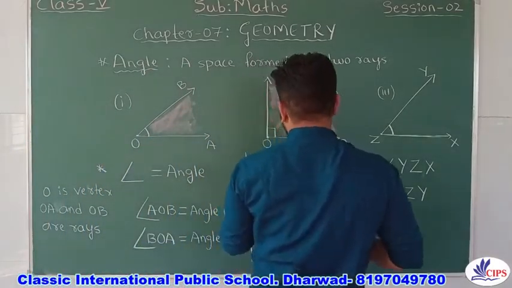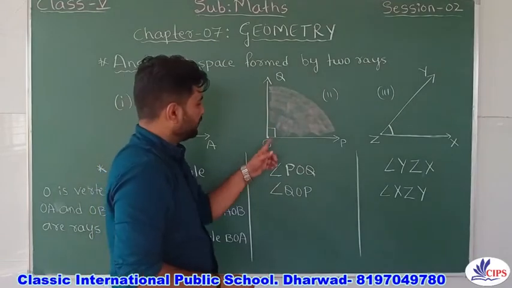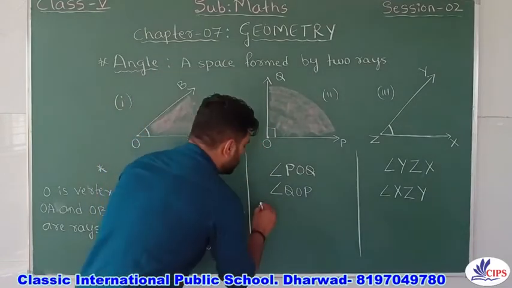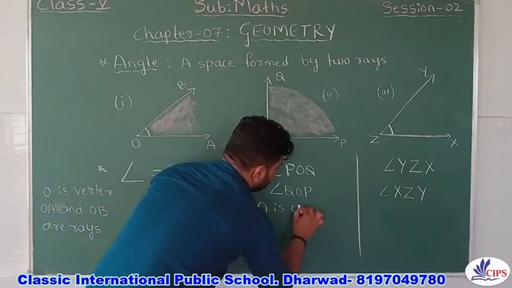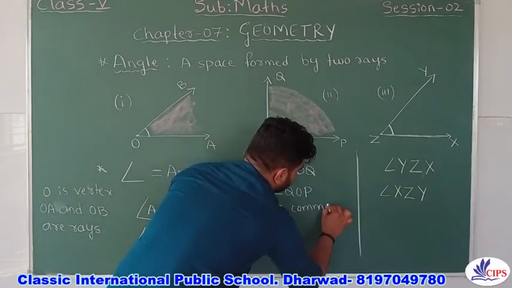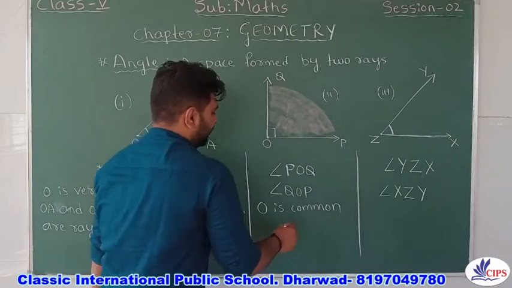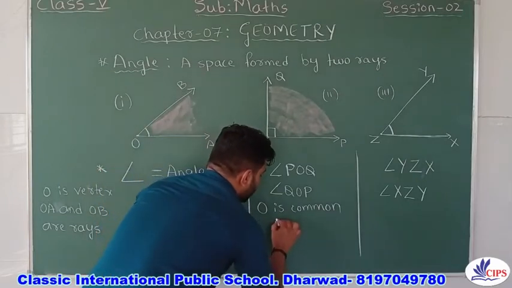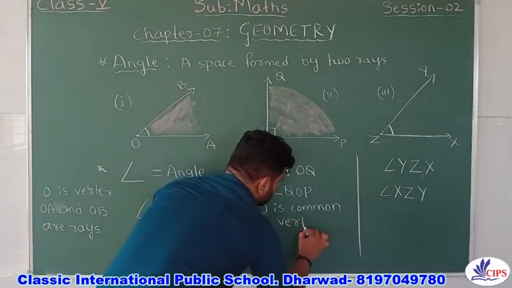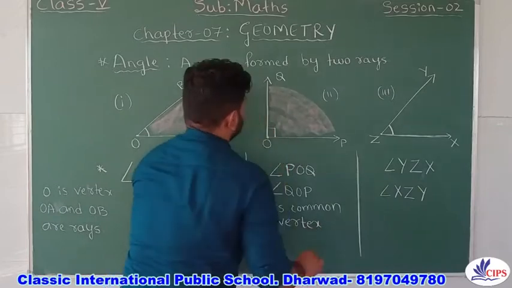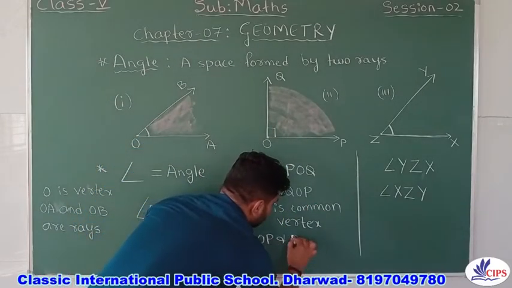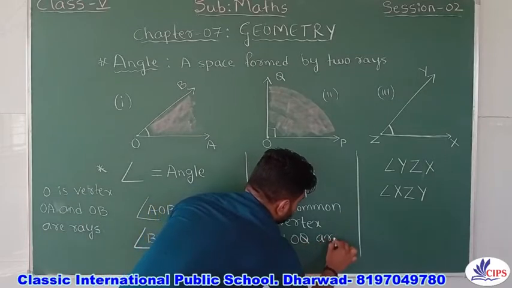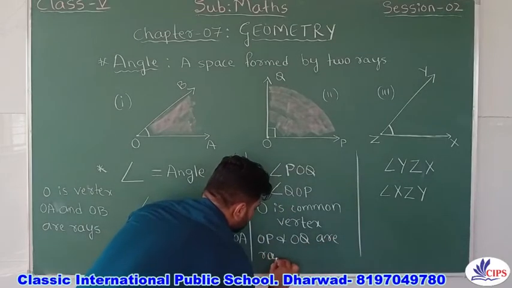Here also you can write: O is vertex. You can write common vertex, the more significant word. O is the common vertex. So OP and OQ are rays.